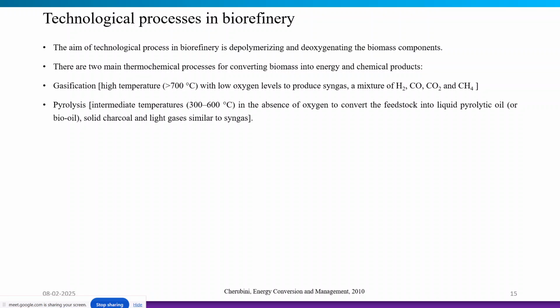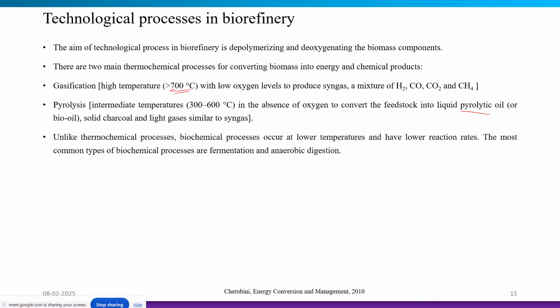Gasification is a high temperature process, more than 700 degrees Celsius, with low oxygen levels, and it produces syngas. Pyrolysis is an intermediate temperature process, 300 to 600 degrees, in the absence of oxygen, converting the feedstock into liquid pyrolytic oil or bio-oil, solid charcoal, and a slight syngas composition.